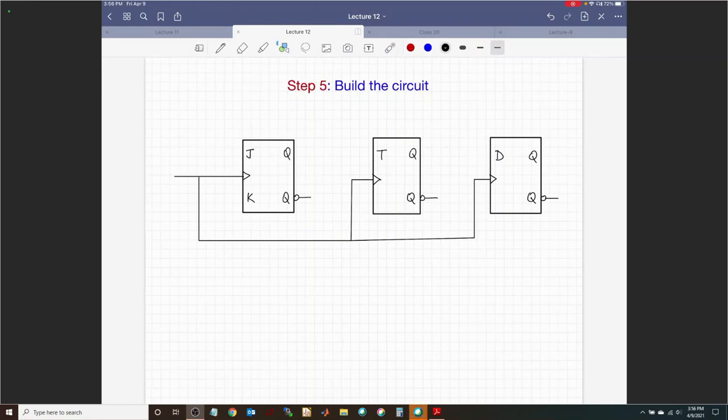Every flip-flop is switching from one state to the next at the same time. So this is an example of a synchronous counter, everything is synced up to the clock. I have chosen it to be a positive edge triggered counter. You might have gone with a negative edge. It's up to you. And this is my clock.